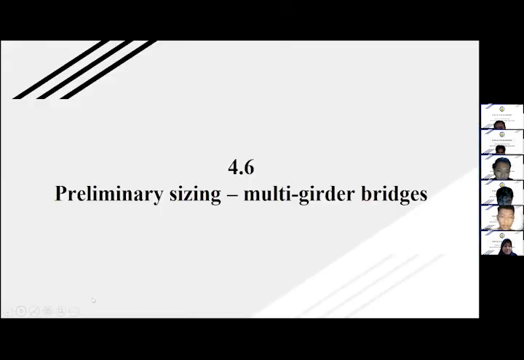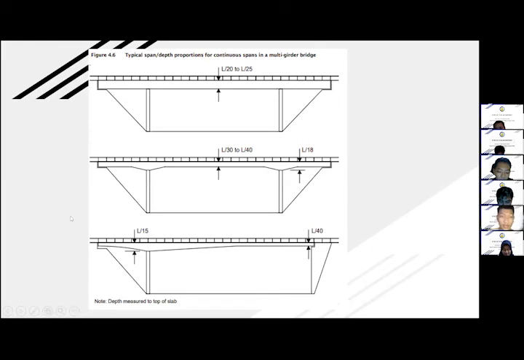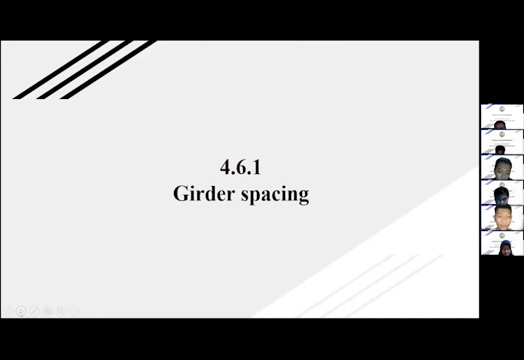Okay, the next topic is preliminary design, sizing of multi-girder bridges. This is figure 4.6. This figure shows typical span proportions for continuous spans in multi-girder bridges. Okay, the next topic is girder spacing.